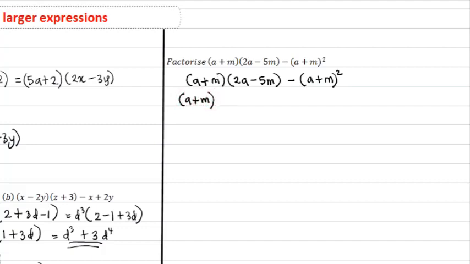Once we remove a plus m from this region, it will remain 2a minus 5m. Let's put our minus here again. If we remove a plus m here, remember this one is power 2, that means we have a plus m times a plus m. Since we've removed 1, it will remain 1 more here, so that is bracket a plus m.